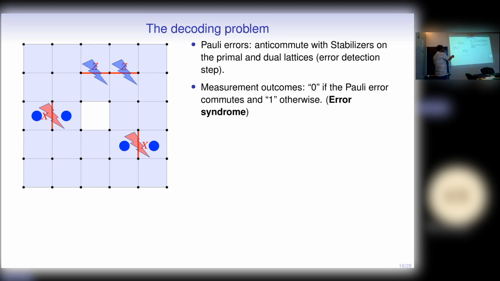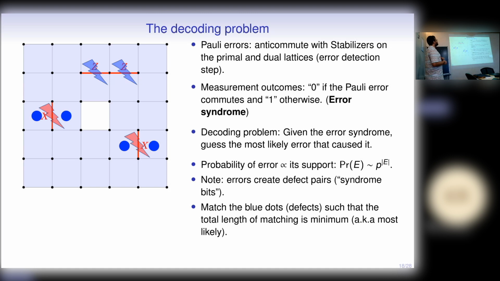You can't really say it's this because it could have been this, that can also create just these two, right? You don't know what happened in the middle. So in some sense, you only know the endpoints of the error as a chain.